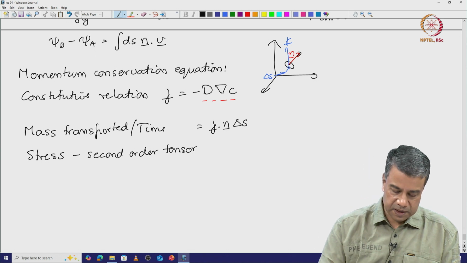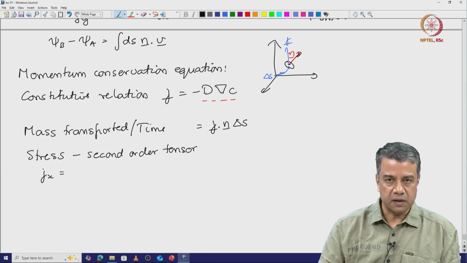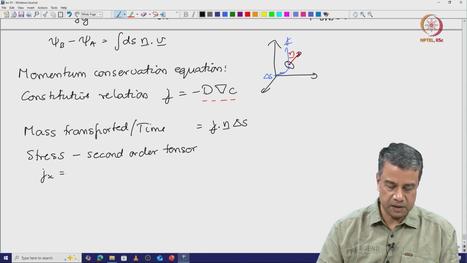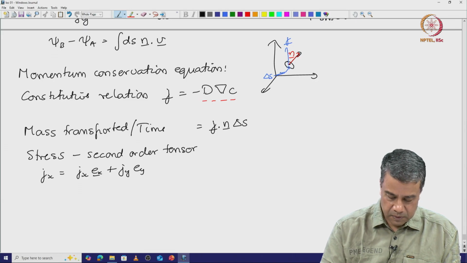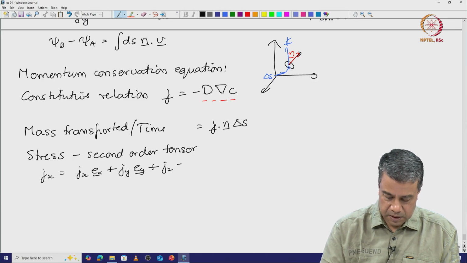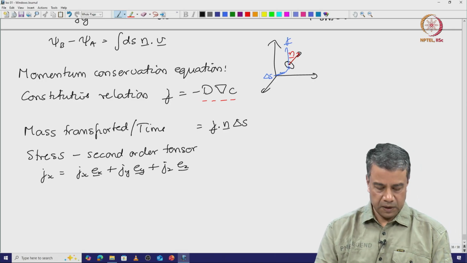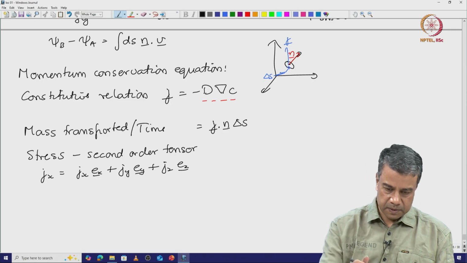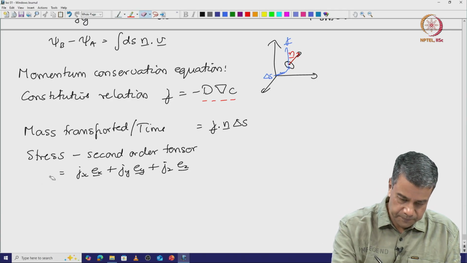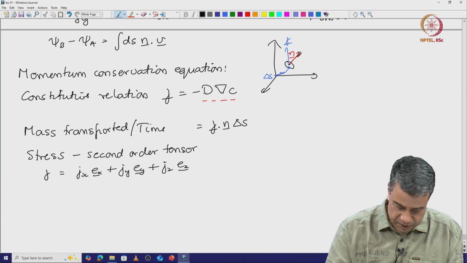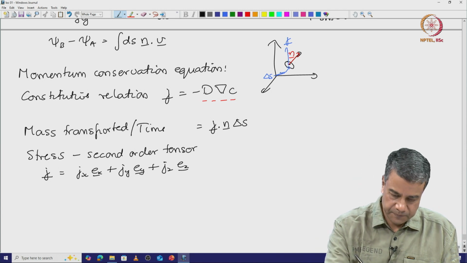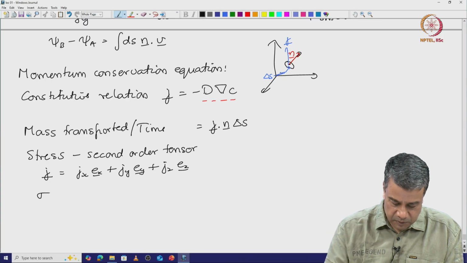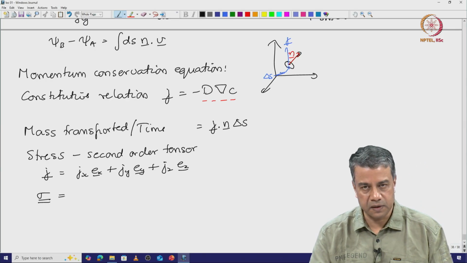So, just as mass had one direction, concentration is a scalar, and you have one direction of transport, we wrote the flux vector, I am sorry, J vector, as Jx Ex plus Jy Ey plus Jz Ez. In a similar manner, momentum flux is what is referred to as a second order tensor.